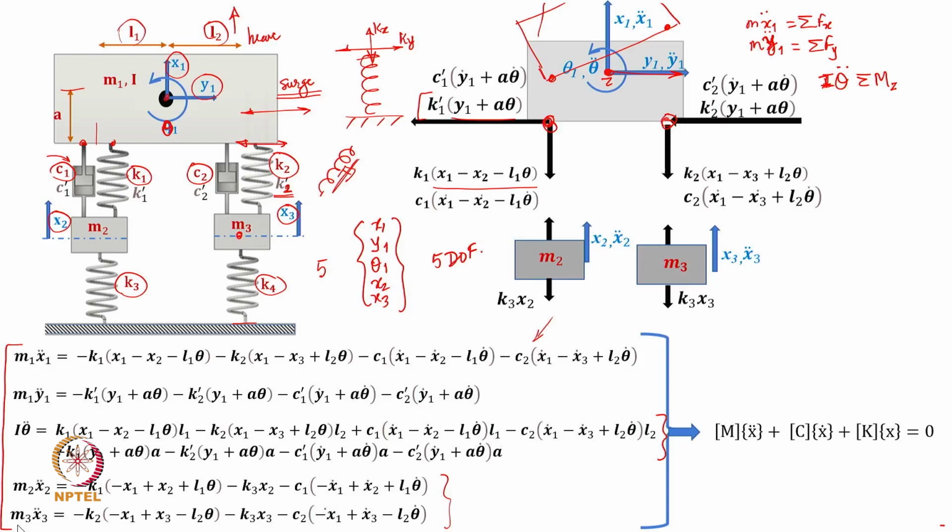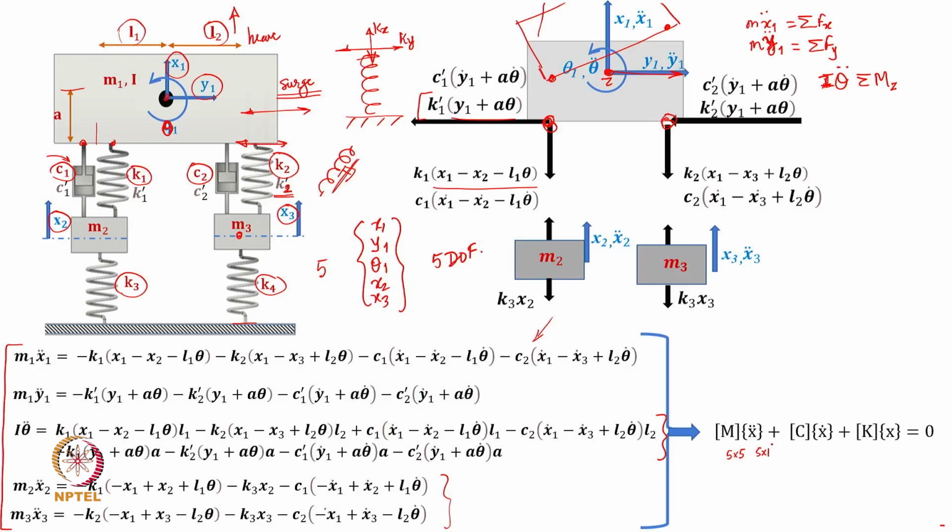Now, once you do that, instead of writing these 5 equations, I can use a matrix form to describe the same set of equations. Now, this M matrix is obviously going to be a 5 cross 5 matrix. You can show that the response acceleration is going to be 5 cross 1.